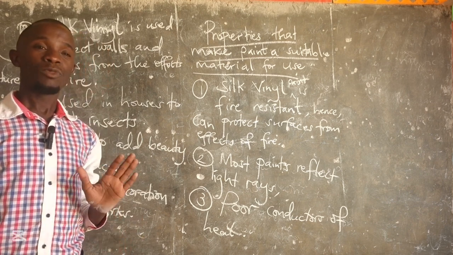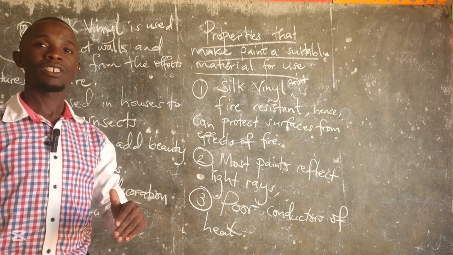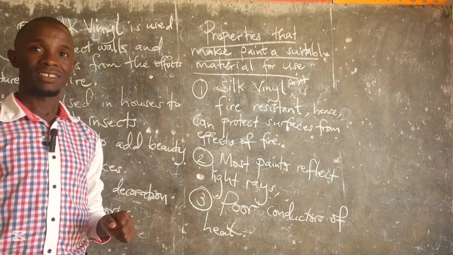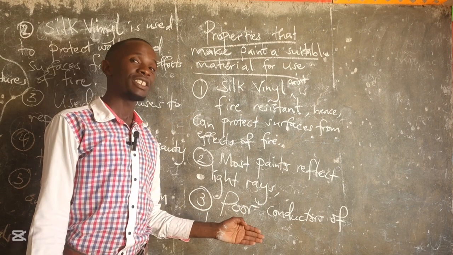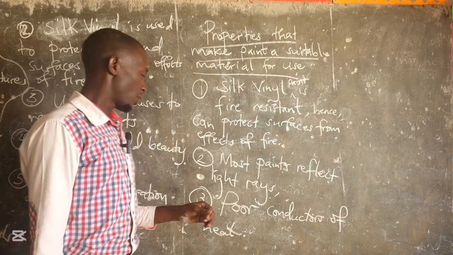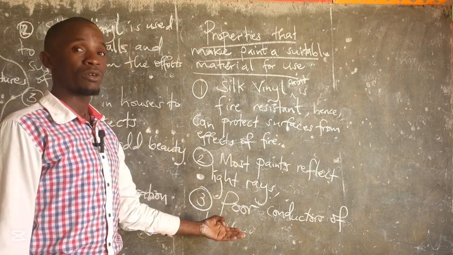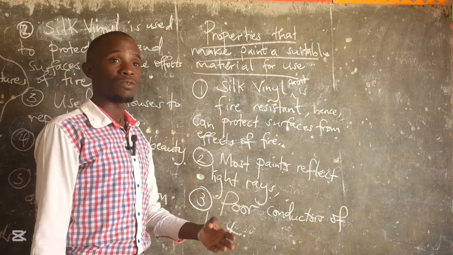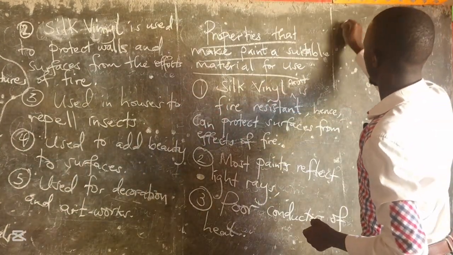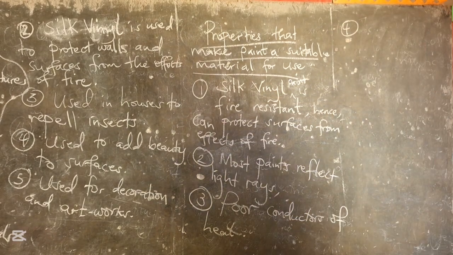They use white because it will not only reflect the light away, but it will also reflect the heat away. It does not absorb the heat. And due to the fact that the paint is also a poor conductor of heat, it is used to protect the walls and surfaces from the effect of extreme heat and coldness. We are looking at the properties that make paint a suitable material for use.